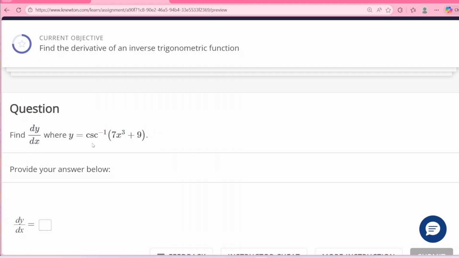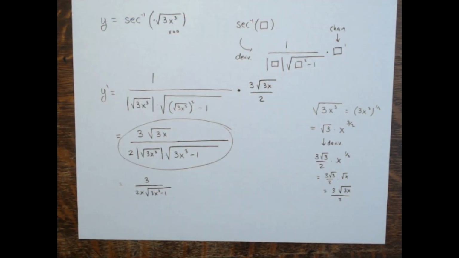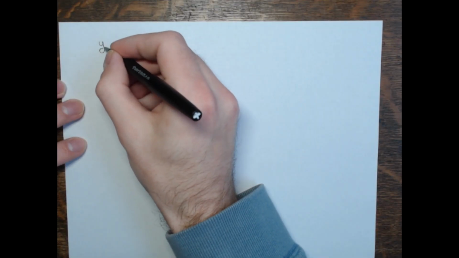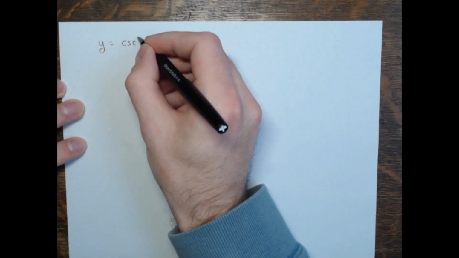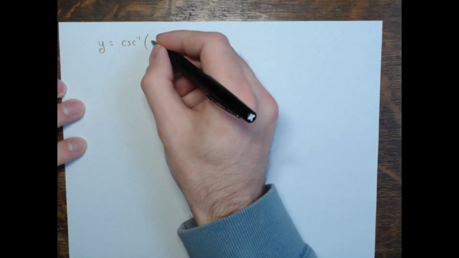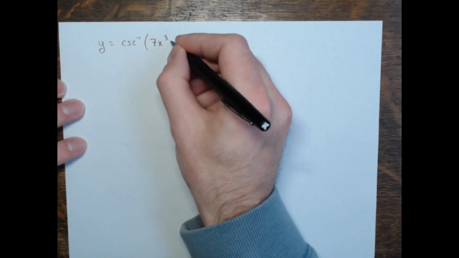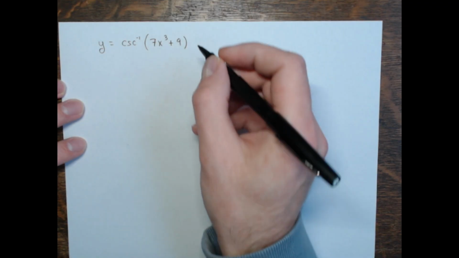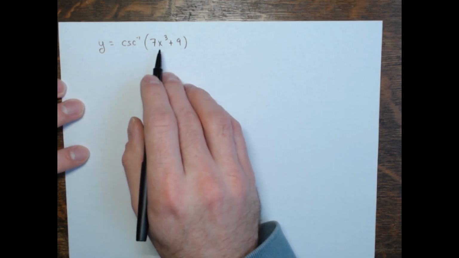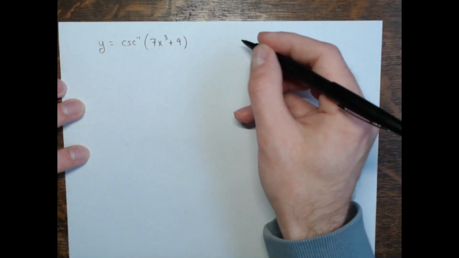Speaking of inverse cosecant. So again, remember the derivative of inverse cosecant will just be the opposite of the derivative of inverse secant. So here we had inverse secant in the previous problem. Here I have y equals inverse cosecant of something, right? Now this is another one where I'll have to use the chain rule because it's not just x inside, it's a totally more complicated expression, 7x cubed plus 9.